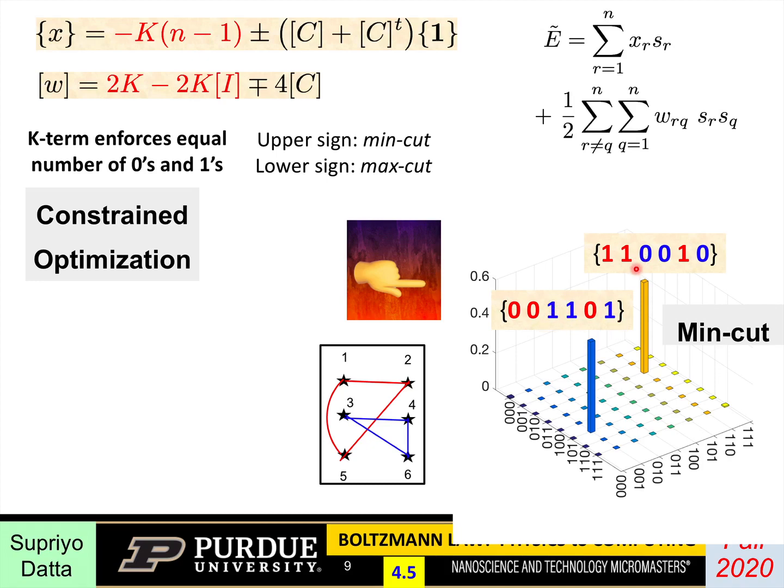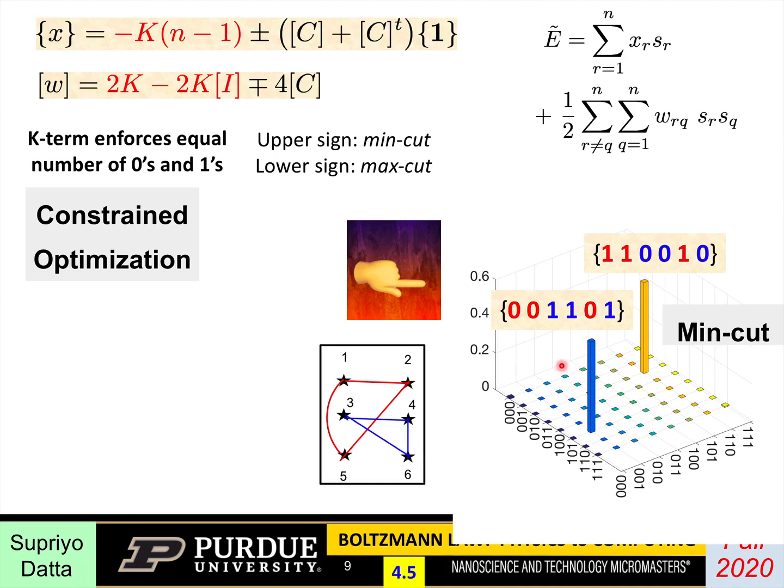If you look at the other solution, you come to the same conclusion. In this case, just looking at the graph, you could have guessed it, because 1, 2, and 5 are connected, and 3, 4, and 6 are also connected. So the best way to separate it into 2 groups while cutting a minimum number of bonds is by making the 2 groups 1, 2, 5 and 3, 4, 6.